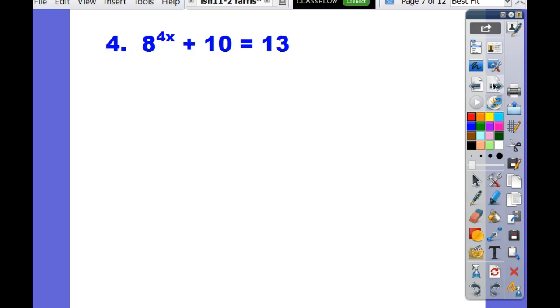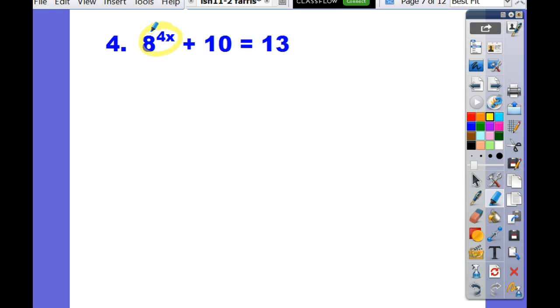Would you please go back to your foldable notes and put this example number 4 in your foldable notes. As you can see, this is a little bit more complicated. So what you have to start with is isolating the base. 8 is the base. How do we know 8 is the base?